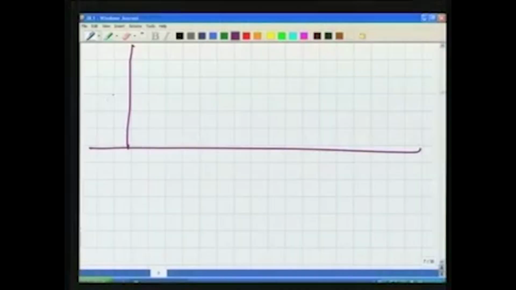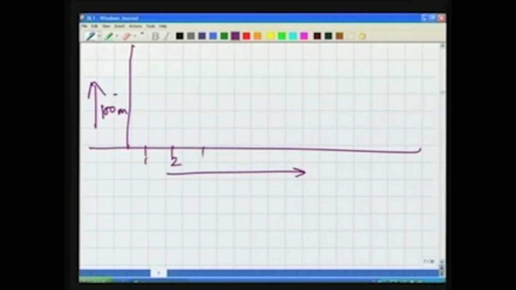For the same length, if I plot the length here, let us say along this ordinate we have the values, and 100 meter is around here. The observations, observation number 1, 2, 3, 4 and so on up to n, will be plotted something like this.